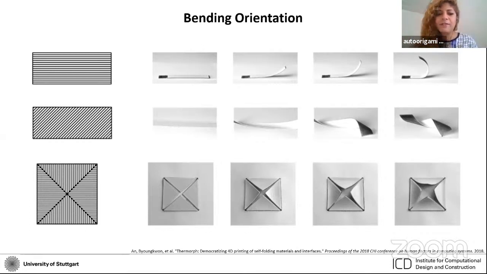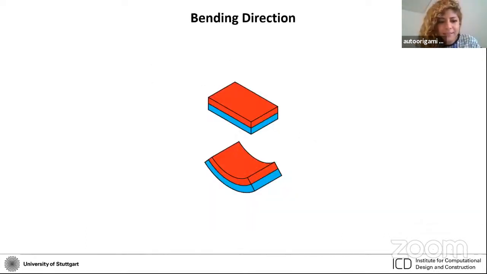This is something that Tiffany is going to explain more in the hands-on tutorial, but this is just to give you an introduction to the topic of directionality, the fiber anisotropy in normal paper.